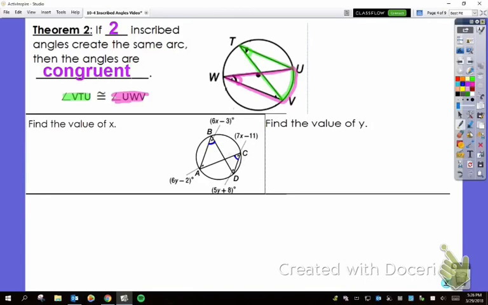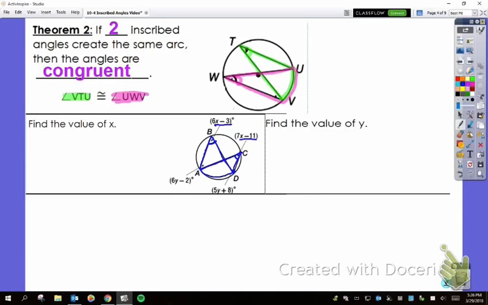Angle B right here goes with angle ABD, which goes with arc AD. Then we look at angle C, and angle C also goes with arc AD. So because they share the same arc, those two angles are equal.